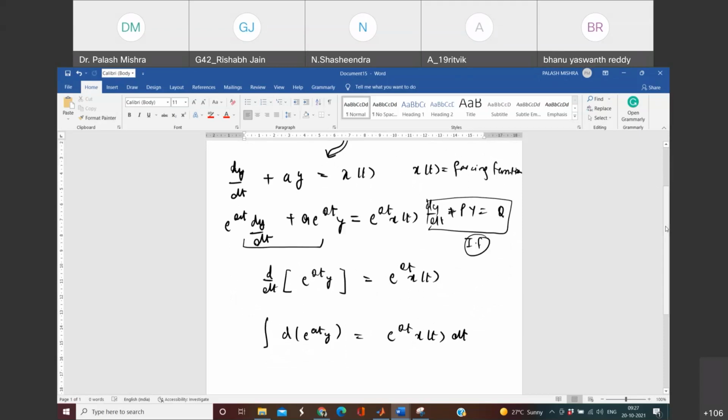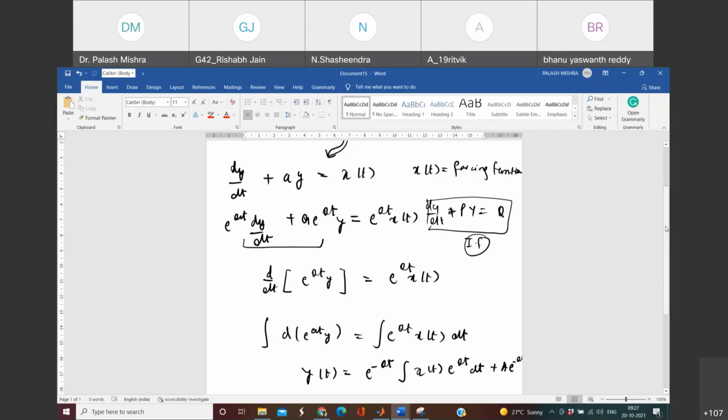And then you integrate on both sides and you will get the solution of y(t) as e to the power of minus at times the integral of x(t) e to the power of at dt, plus a constant times e to the power of minus at.